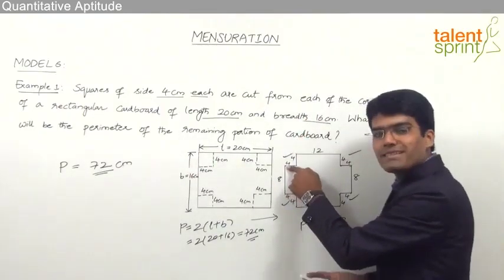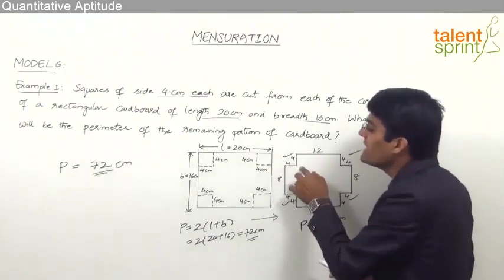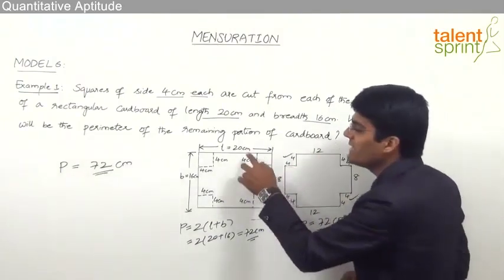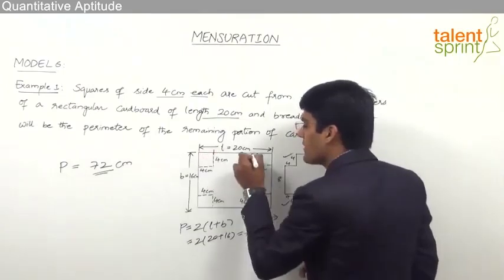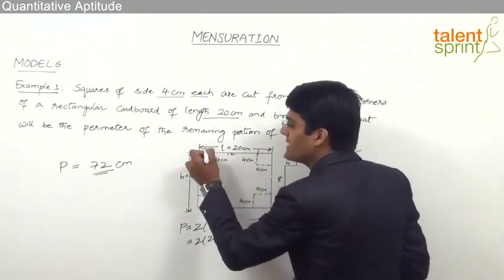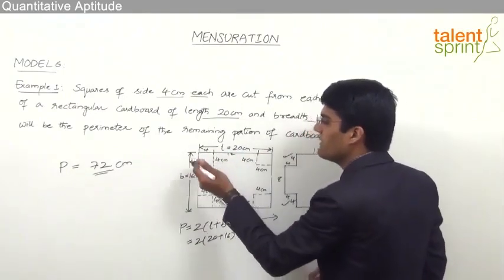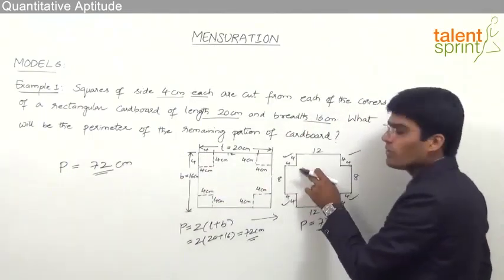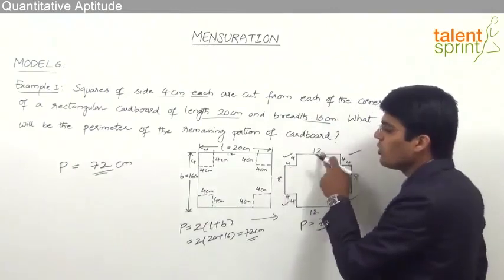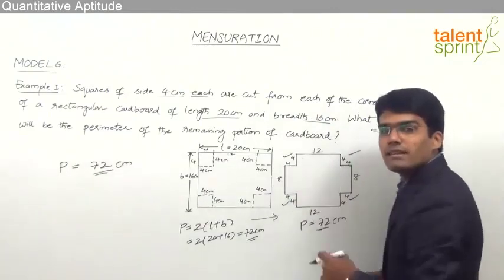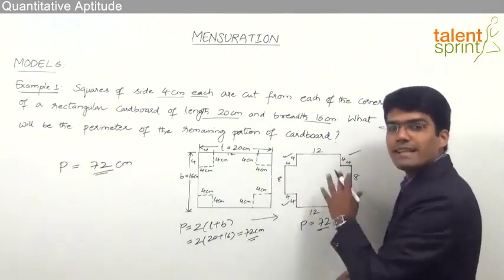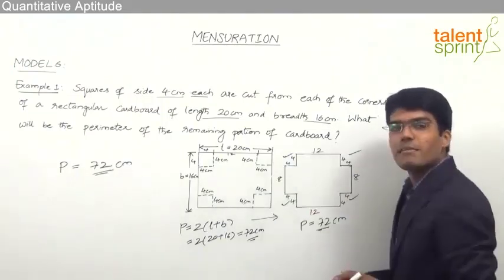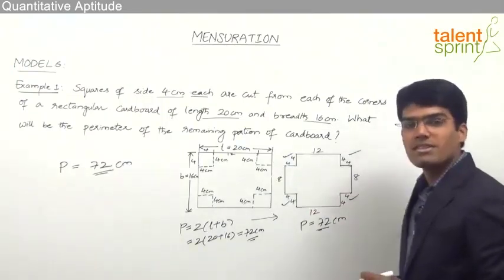So the only point is we are cutting it out but the length remains the same. While adding, this part is 12, and we take this as 4 and 4. The only difference is after cutting out that square, this has become 12, inside we have 4 and then again we have 4. So no way the length or the breadth here is going to change. That is the reason the total perimeter remains the same even though the shape is changing here.